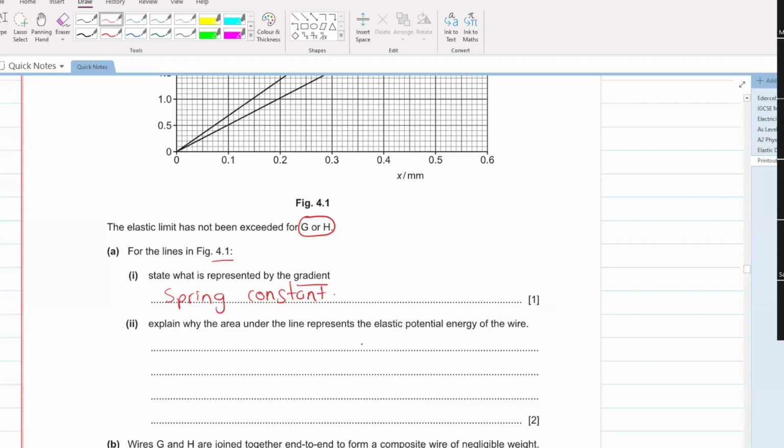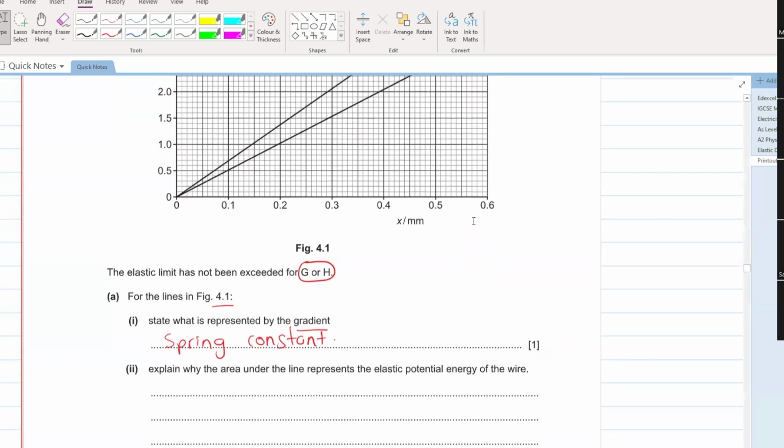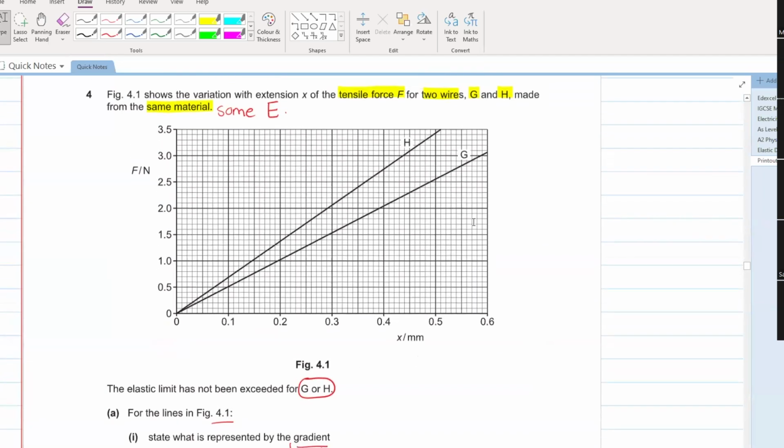Explain why the area under the line represents the elastic potential energy of the wire. Beta, why does the area under the line represent the elastic potential energy of the wire? The area under the line shows you what? Work done by the spring. And work done by the spring is equal to what? Elastic potential energy.